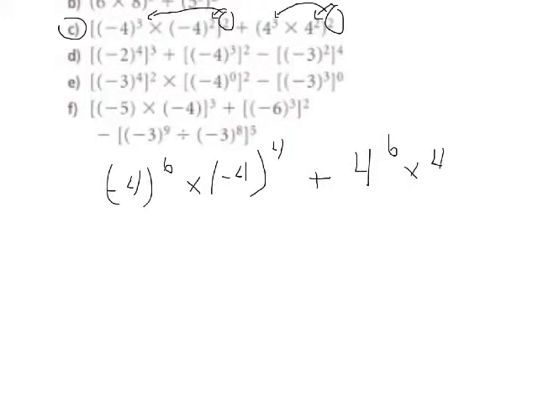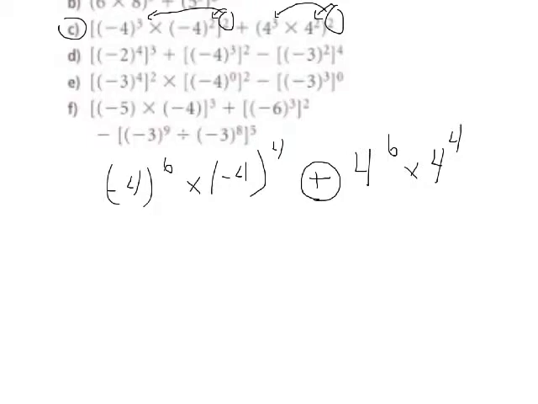So negative 4 brackets to the power of 6 times negative 4 brackets to the power of 4. I'm going to add 4 to the power of 6 times 4 to the power of 4.